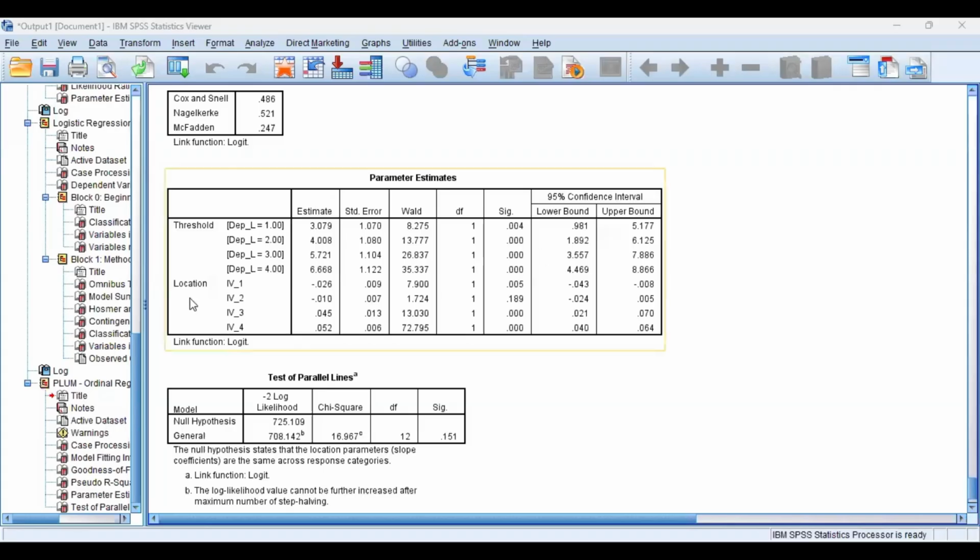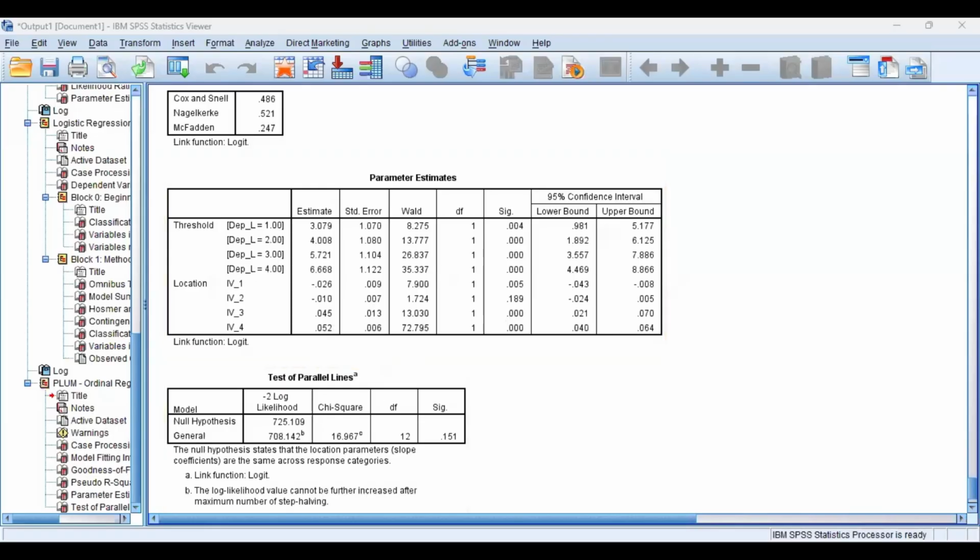And again, maybe another review would be good. For example, for a positive and significant relationship in this table, you can say that this positive coefficient indicates that higher scores on this certain predictor are associated with greater likelihood or greater odds of being in a higher category of depression levels.